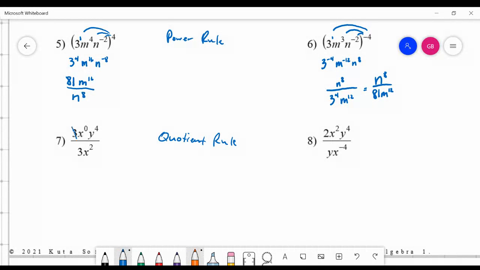Since they're the same, they simplify out. Now for the x's, 0 minus 2, that's negative 2. And then y to the 4th. And then since we have a negative exponent, the x goes to the bottom.